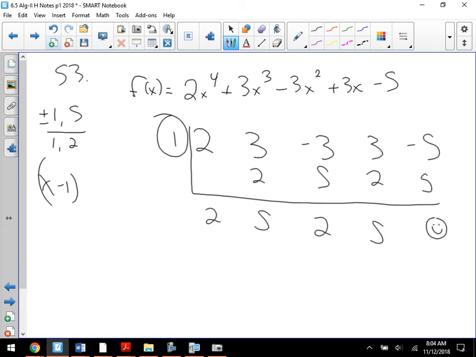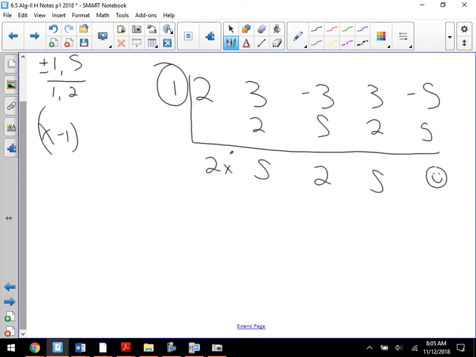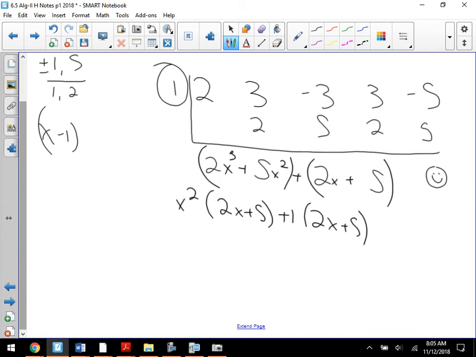You see right away. Look at your coefficients. So you have 2x cubed plus 5x squared plus 2x plus 5. So if I do GCFs, I have an x squared and I have a 2x plus 5. Take out a positive 1, I have a 2x plus 5.